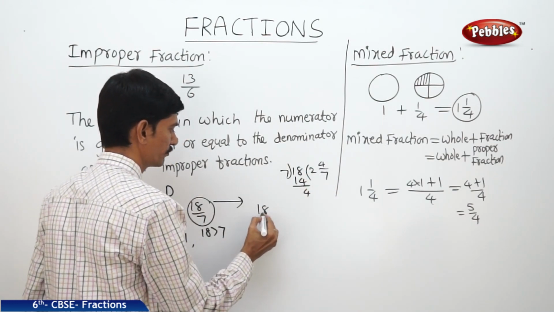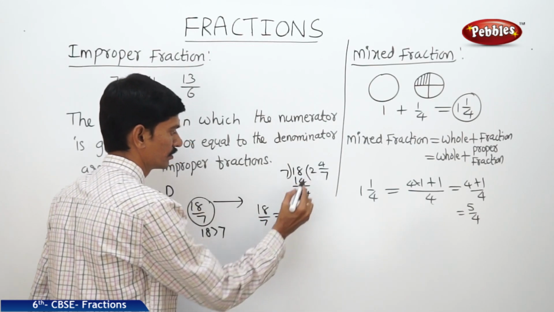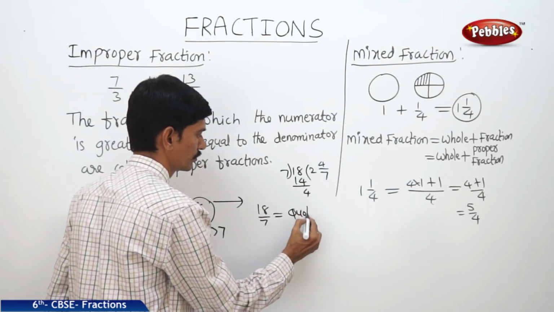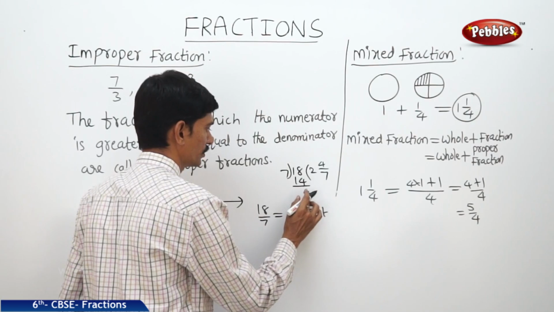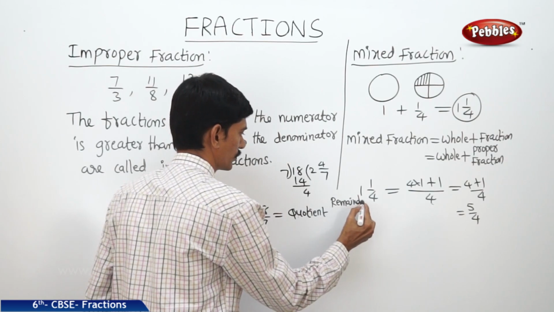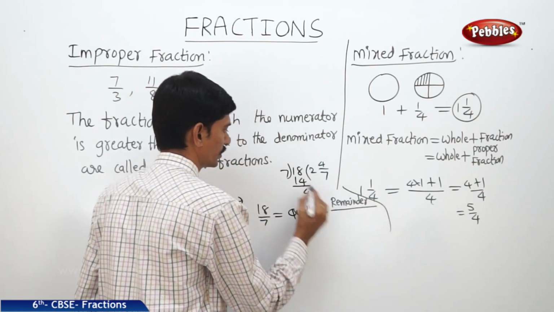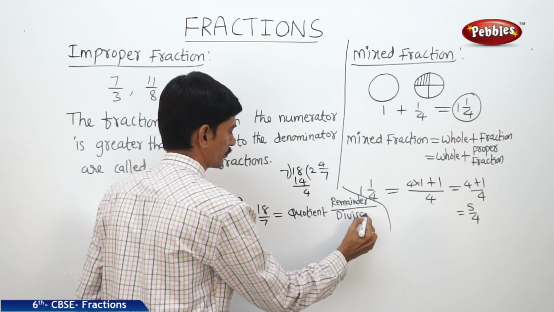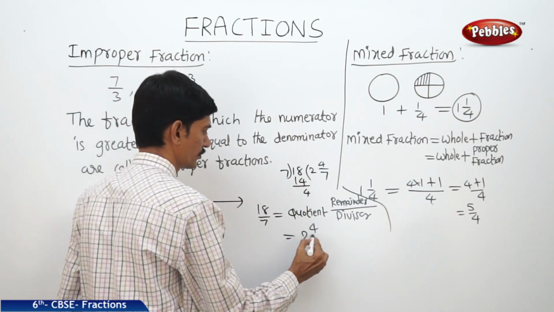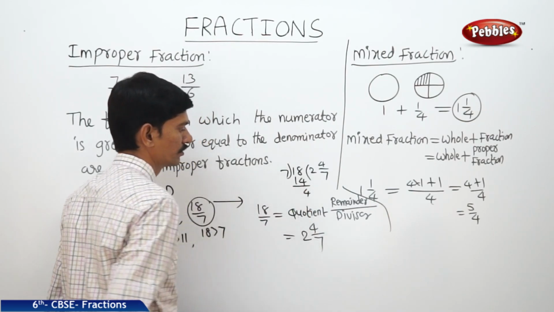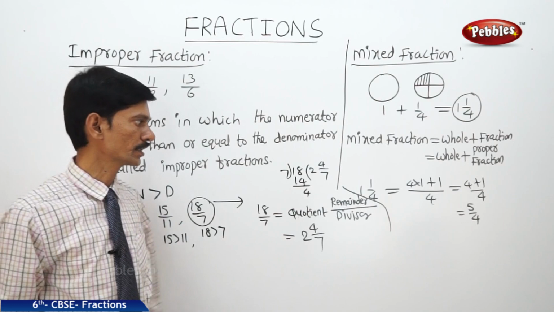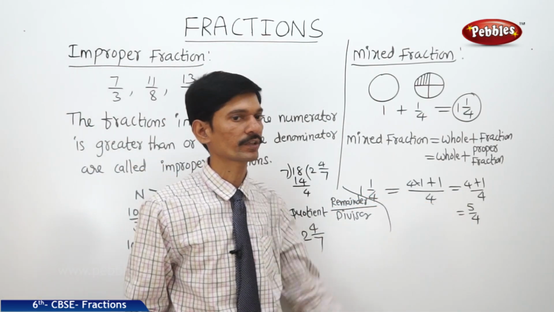So then 18 by 7 equals the whole number, means quotient, then we take the remainder over the divisor. So this equals the quotient is 2, the remainder is 4 over the divisor 7. So in this way we can convert any improper fraction into a mixed fraction, or we can convert the mixed fraction into the improper fraction.